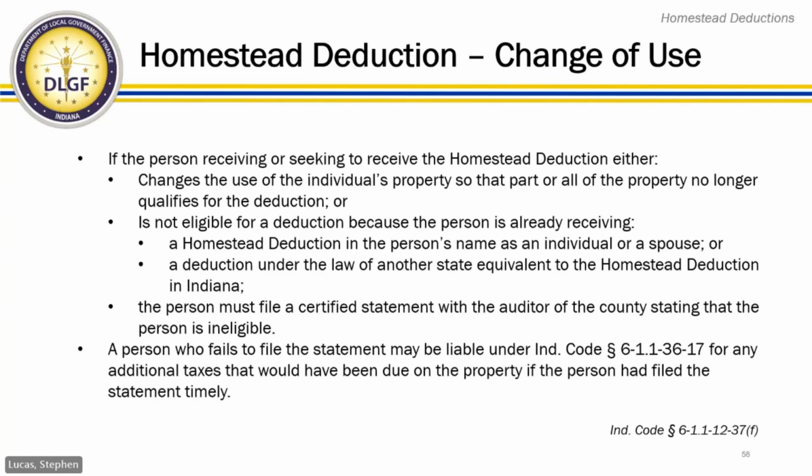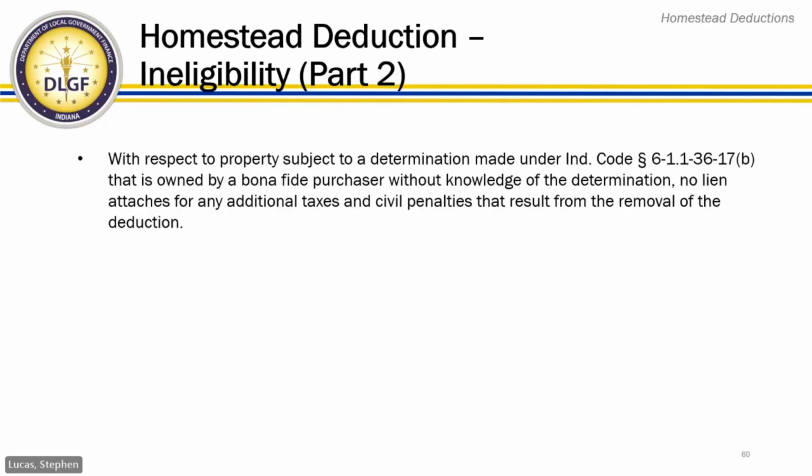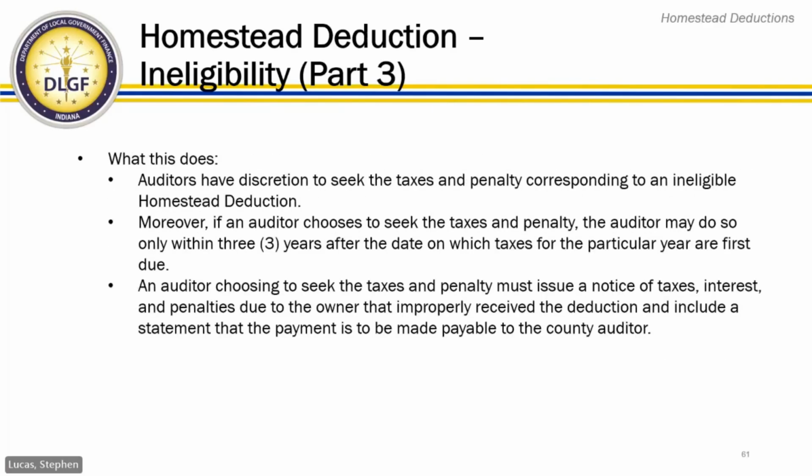And the next slide describes the statute for the auditor making a determination about a property being ineligible for the homestead deduction and being able to collect back taxes. I'll move on, please, to the next slide after this one. Thank you. Which basically just summarizes what was 2 slides before.